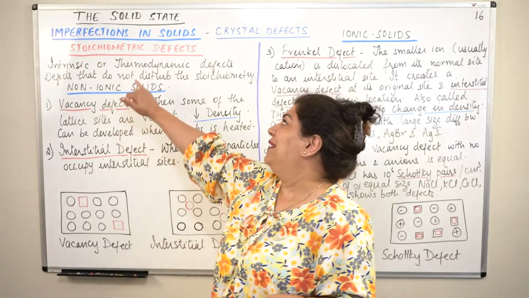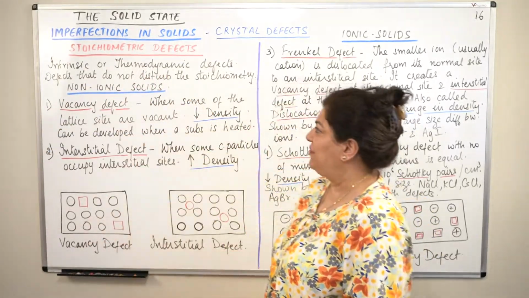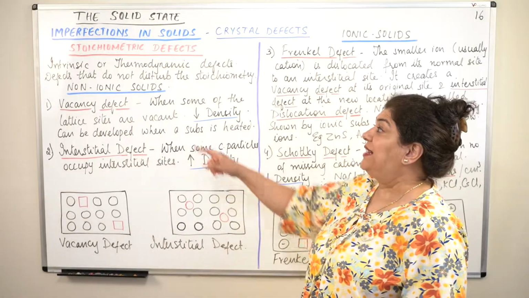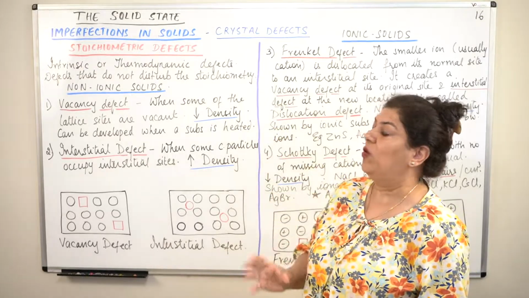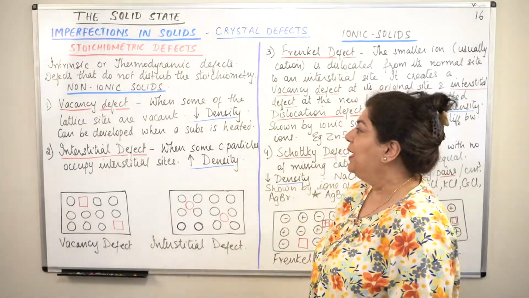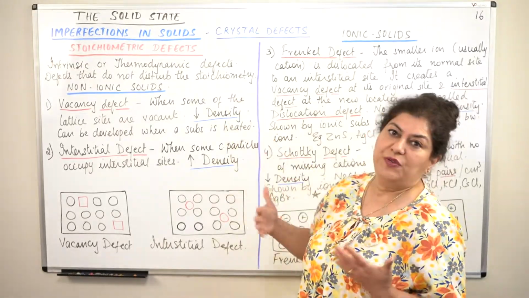So that is why they are called thermodynamic defects. They are also called intrinsic defects, and these are defects that do not disturb the stoichiometry of the compound, and that is why they are called stoichiometric defects.